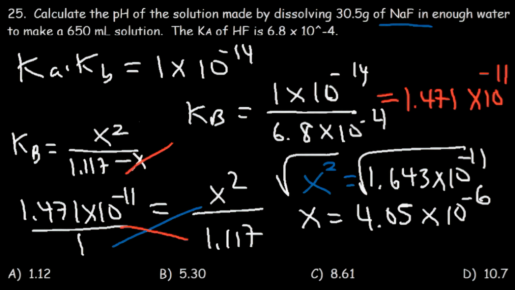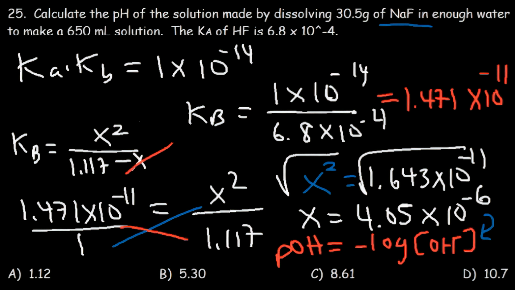So therefore, we need to find the pH by finding the pOH first. pOH is negative log of hydroxide. So let's plug in the value of X for the hydroxide concentration in the pOH equation. If you type in negative log of 4.05 times 10 to the minus 6, the pOH value is therefore equal to 5.39.